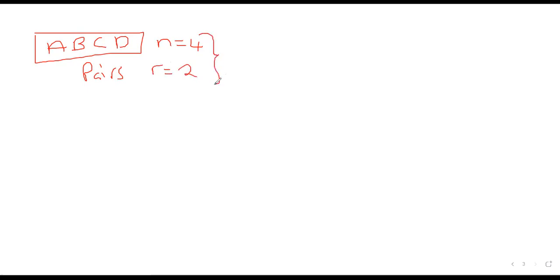So how do we find the permutation 4, permutation 2? Who remembers the calculation, what do we do? 4 factorial over the difference, 4 minus 2. So on top, we're going to have the 4 factorial.